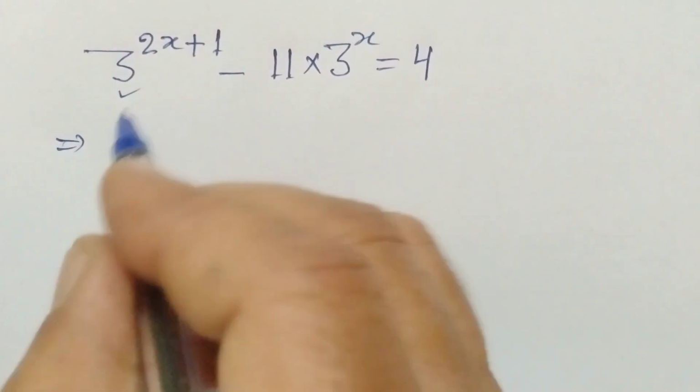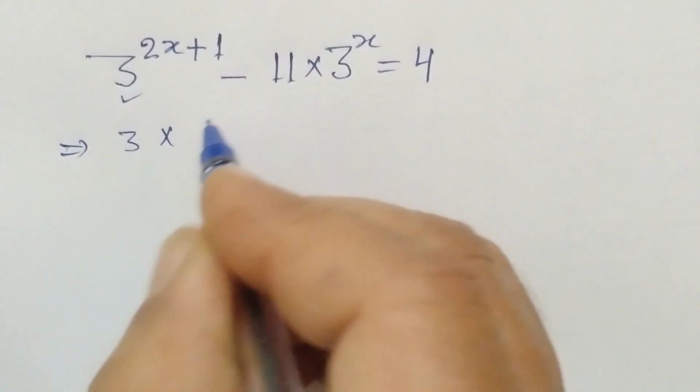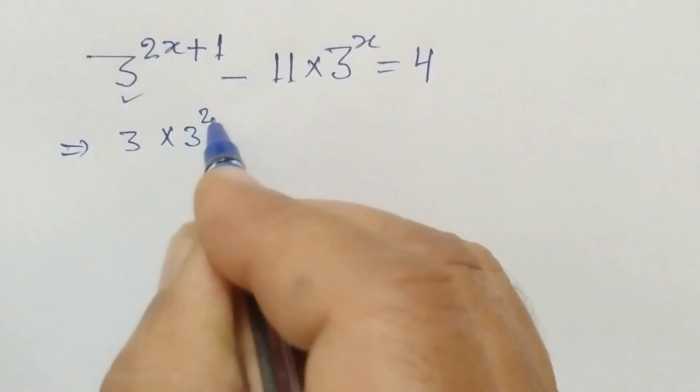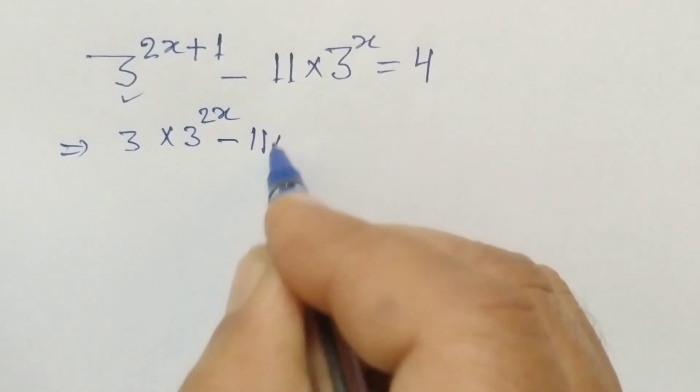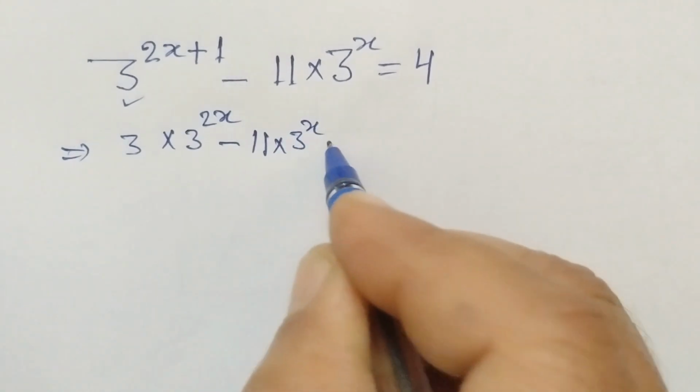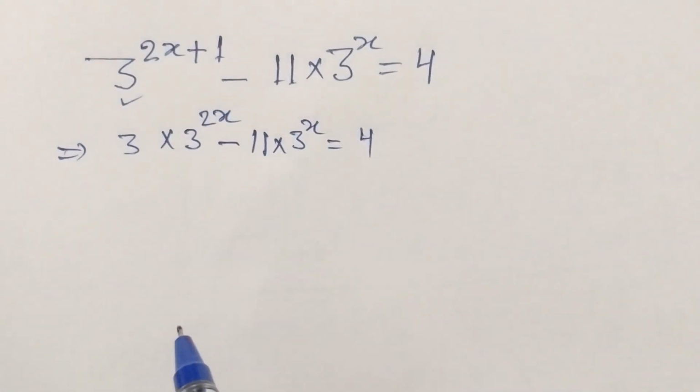This can be written as 3 into 3 to the power 2x minus 11 into 3 to the power x is equal to 4, right?